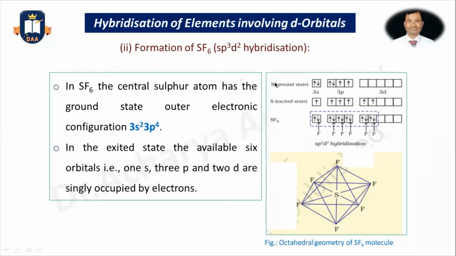So sulfur, which is the central atom, in the ground state has the electron configuration 3s2, 3p4, and the 3d orbitals have no electron. But in the excited state, the paired 3s electrons and one of the paired 3p electrons become unpaired, and these 2 electrons shift to the 3d orbitals, each being unpaired.